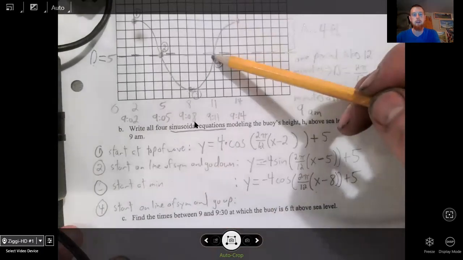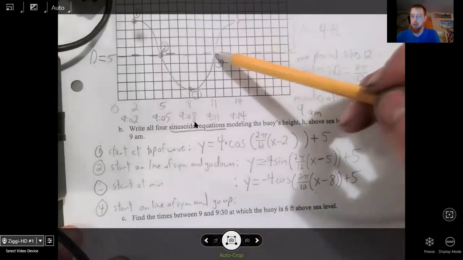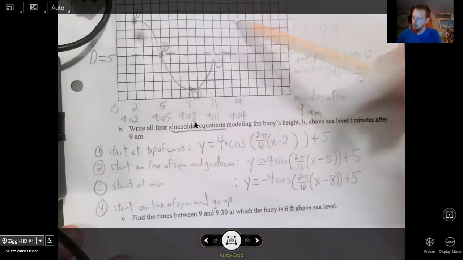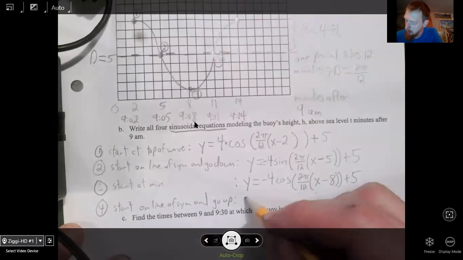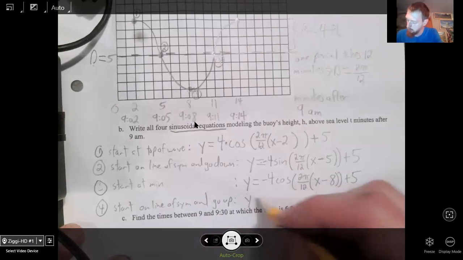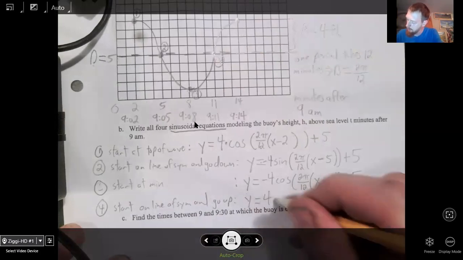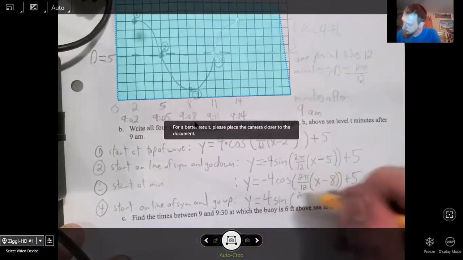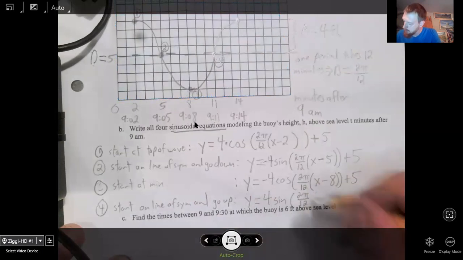Is it positive sine or negative sine? I'm starting at this point and going upwards. That's what sine of x does. So this is going to be y equals 4 times sine of 2 pi over 12 times x minus 11, plus 5.